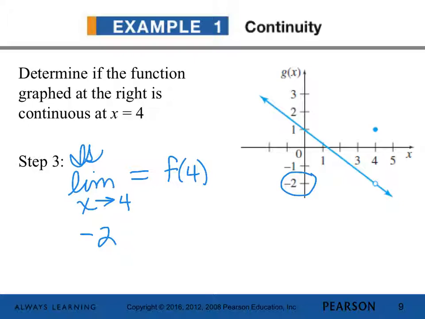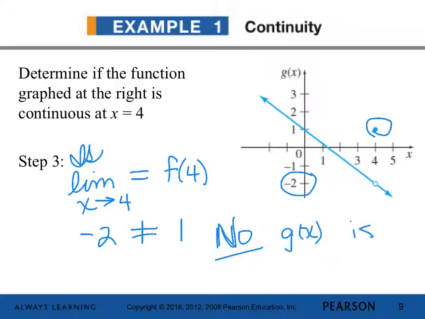And we remember that g of 4 was not -2, it was 1. And since -2 does not equal 1, the answer is no. g of x is discontinuous at x equals 4.